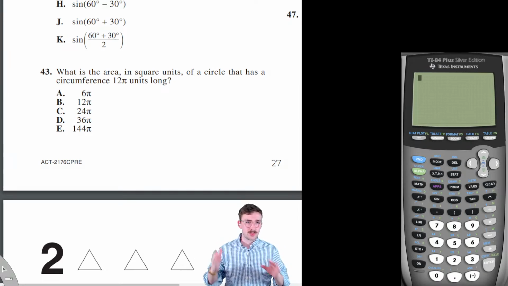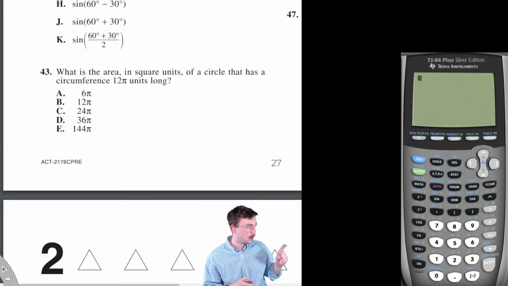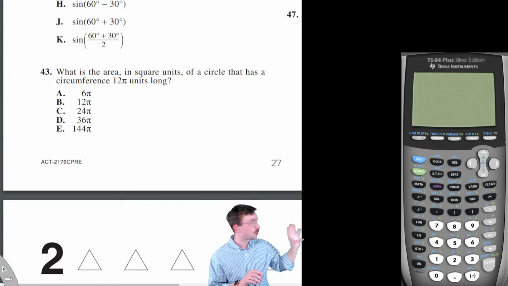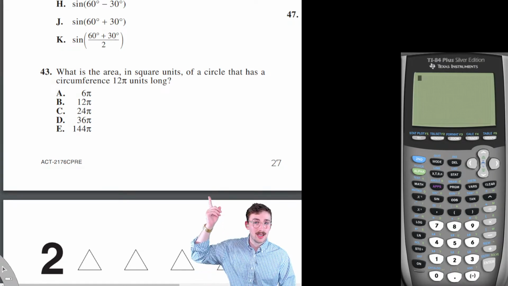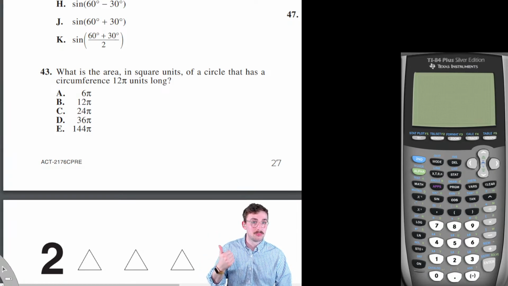I like to tell my students that, depending on where you're scoring, if you're shooting for a 36, this is still helpful to some extent, but it's important to be able to walk down the aisle and say 41, no, 42, no, 43, yes, 44, no, 45, no, 46, yes. 43 is one of those ones where even my students who are scoring in the 20s should still look to the end of the test to try and get this one.